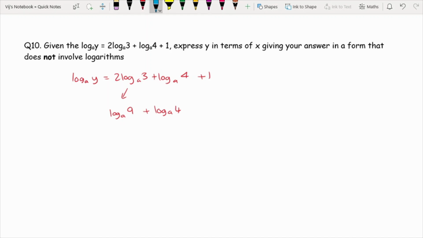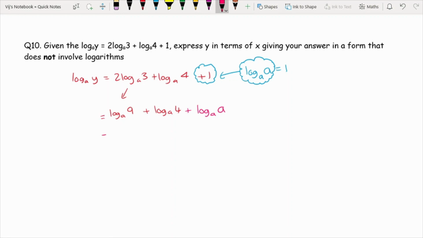Now, with regards to this plus 1 here, I can write this as a log. Because we're dealing with base a, if I have log to base a of a, that's going to equal 1. So I'm going to replace the 1 with log_a a, plus log_a of a.